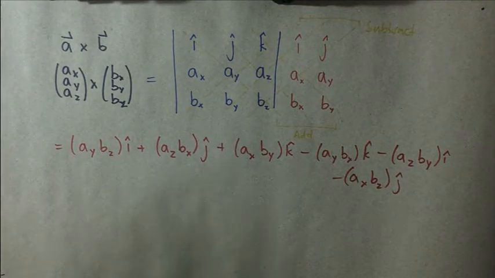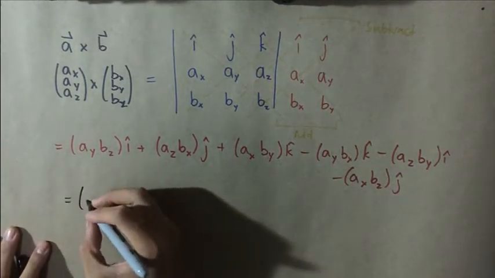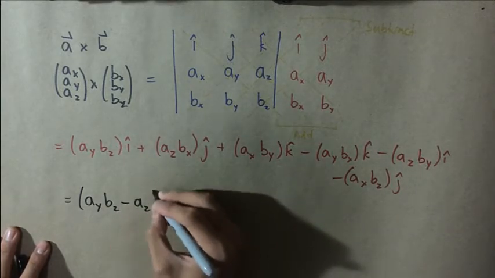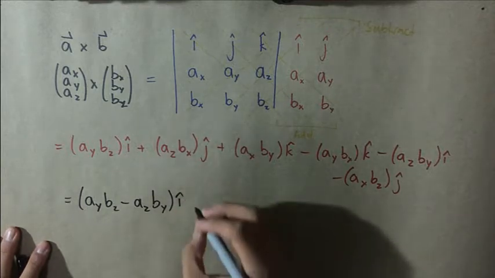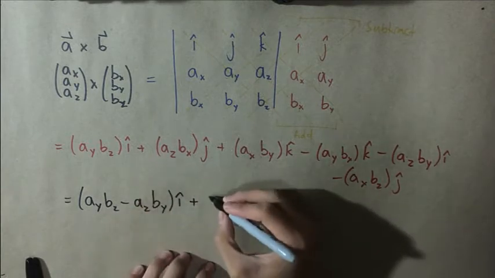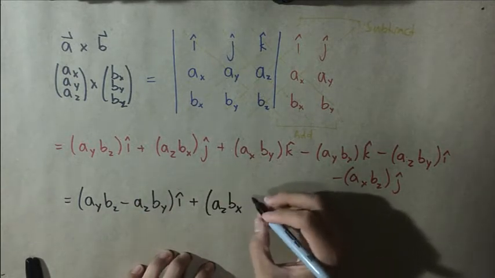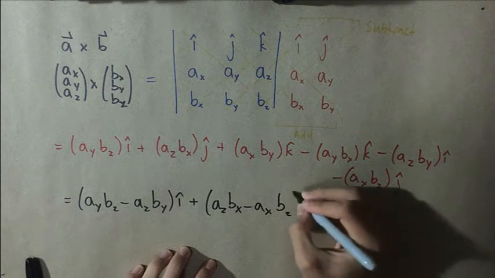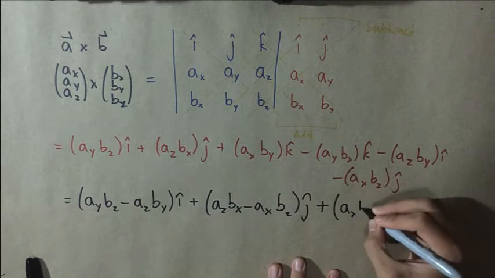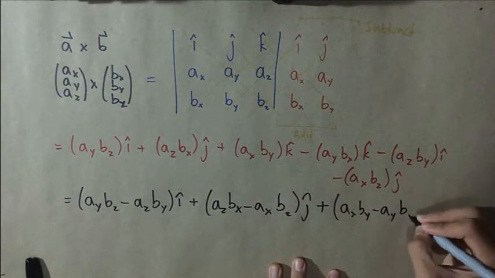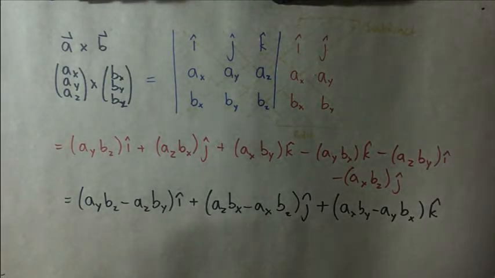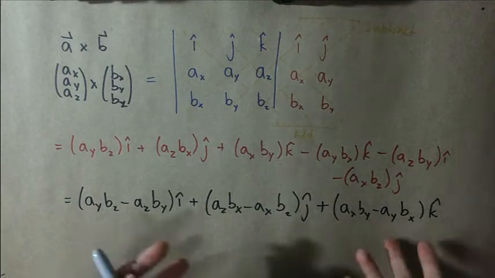So you can rewrite that as AY, BZ minus AZ, BY, I. Plus, the next one, we're going to look at the J's: AZ, BX minus AX, BZ, J, plus the K's: AX, BY minus AY, BX, K. You might have seen the pattern in it.